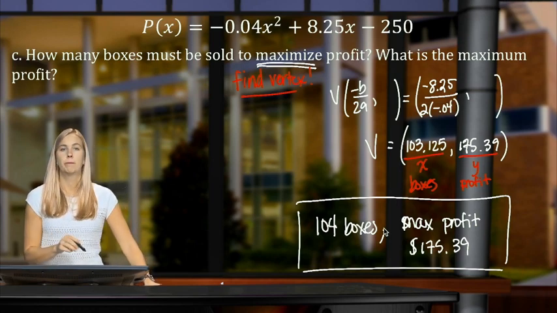Now I do want to talk about one thing here. Notice I rounded up to 104 boxes. Our decimal was 103.125. Well, we agree we can't sell a fraction of a box, but if we're using our general rounding rules, because it was a 0.125, we would actually round down to 103. But consider the real life application that we're talking about here.